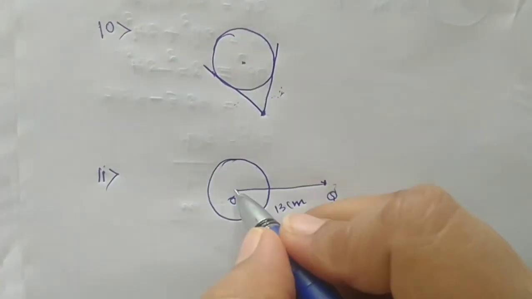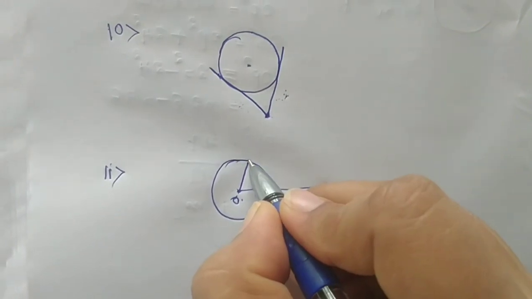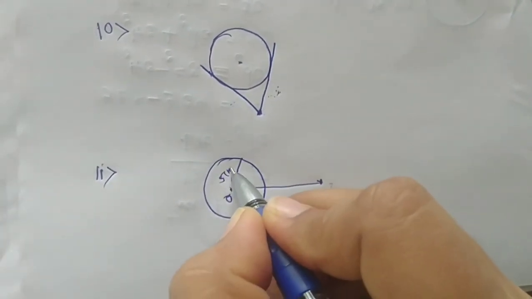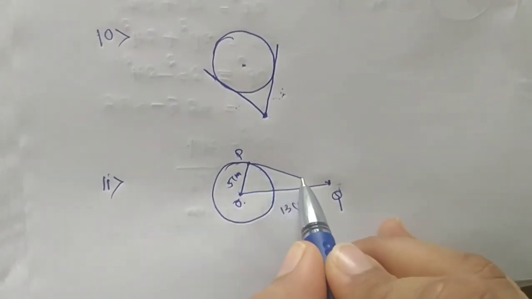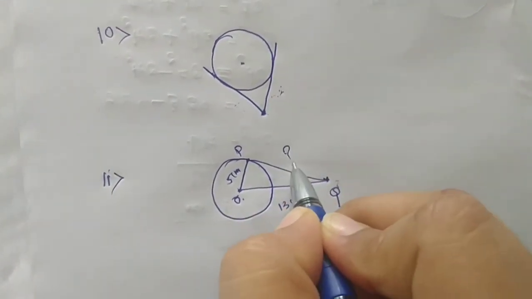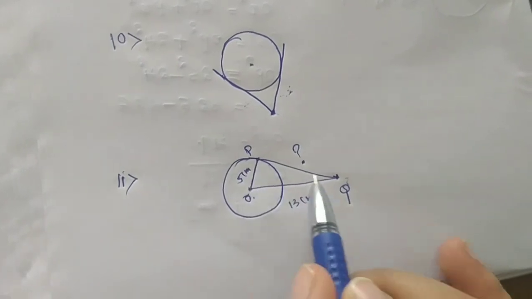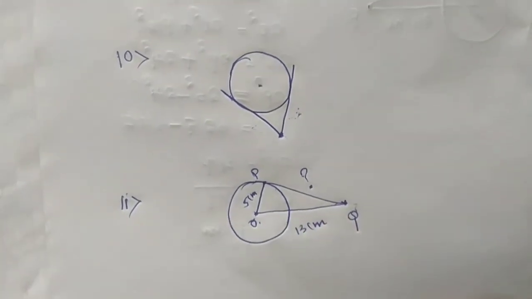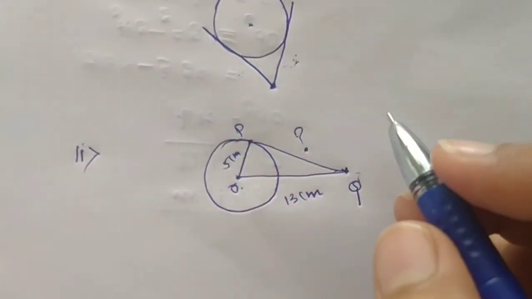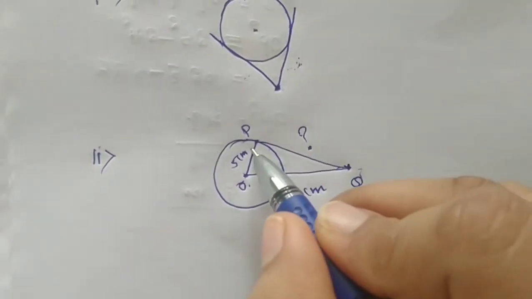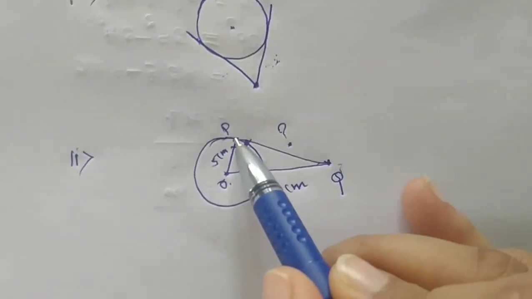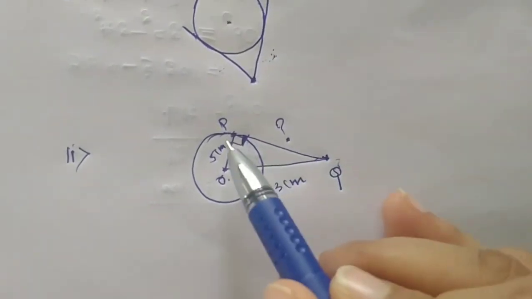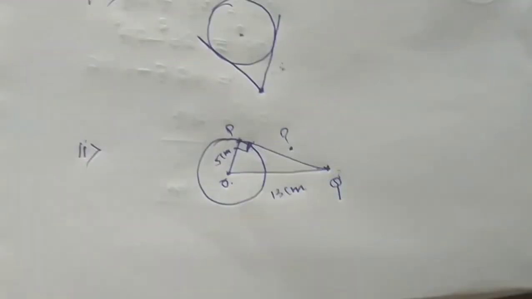Then the radius they have also given, that is 5 centimeter. We'll name this point as P. So you have to find the value of PQ now, the length of this tangent. In order to find this, again you have to use the Pythagoras theorem. As we know, the angle between the radius and the tangent is always perpendicular, that is 90 degree, right?